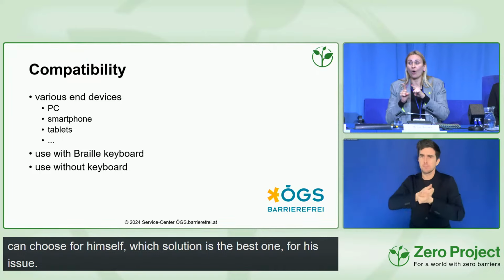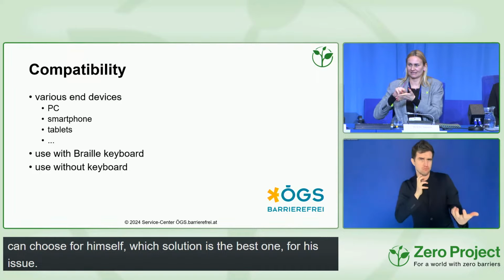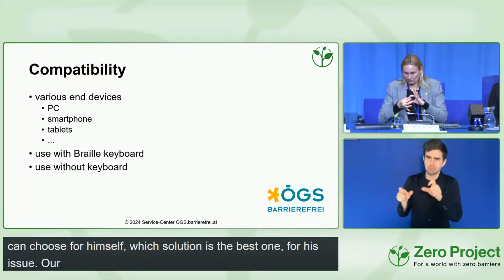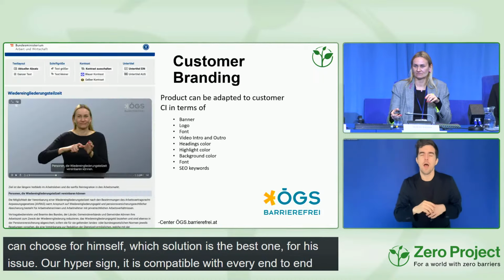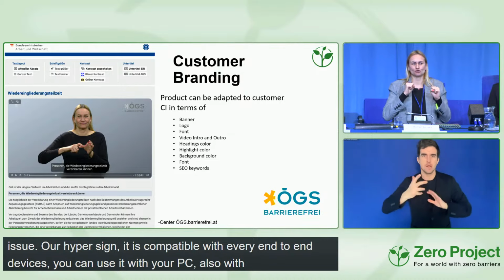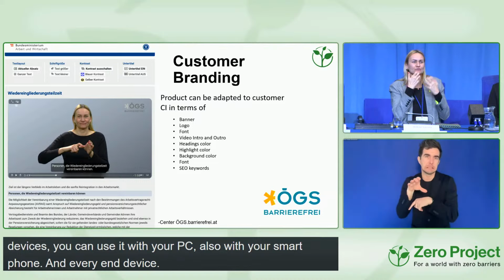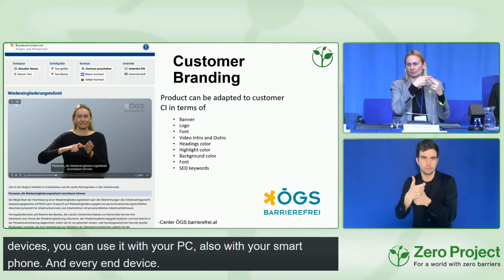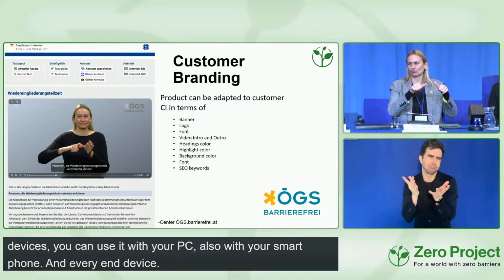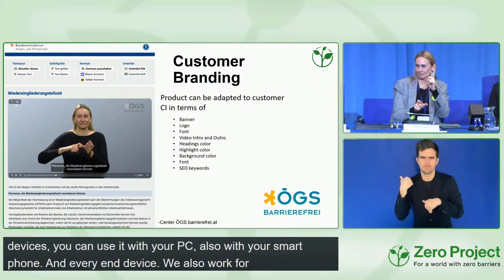Our HyperSign is compatible with every end device. You can use it with your PC, also with your smartphone, and every end device. We also work for diverse homepages, and with our SignWork, you can make your homepage very accessible.